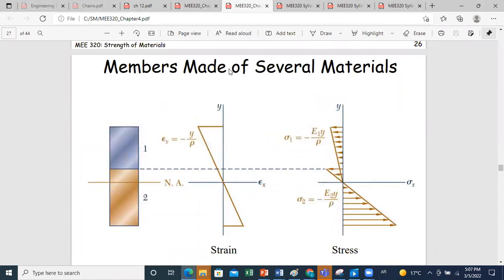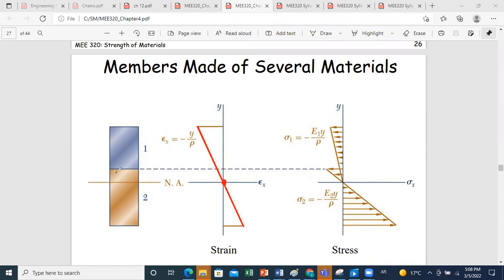As mentioned before, for the strain, we'll still observe the linear behavior from the top to bottom, and zero strain will correspond to the neutral axis level. But now we'll see together that the neutral axis for a composite section will not pass by the centroid of the composite section, because if we study the normal stress distribution, it will have varying slopes.